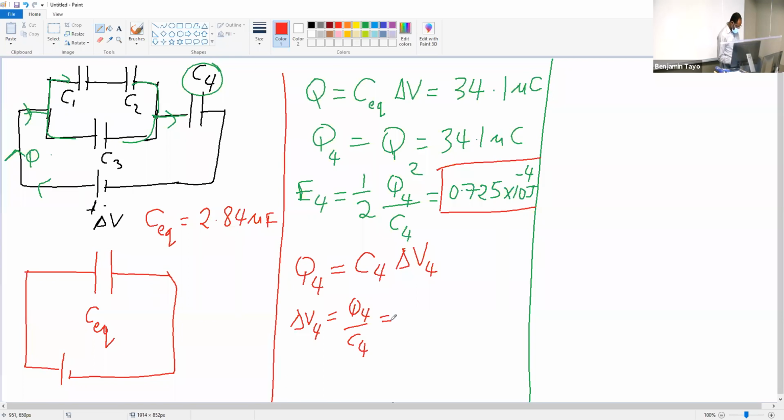To do that, you should get 4.26 volts. So 4.26 volts is the voltage across capacitor number 4.